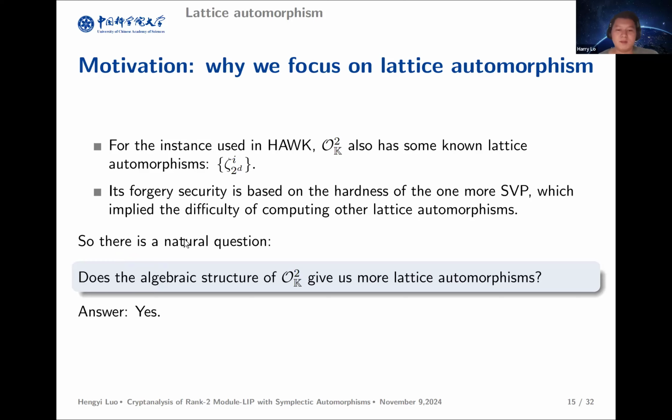So this brings up a natural question. Does the algebraic structure of O_K squared provide us with more lattice automorphisms? The answer is yes.